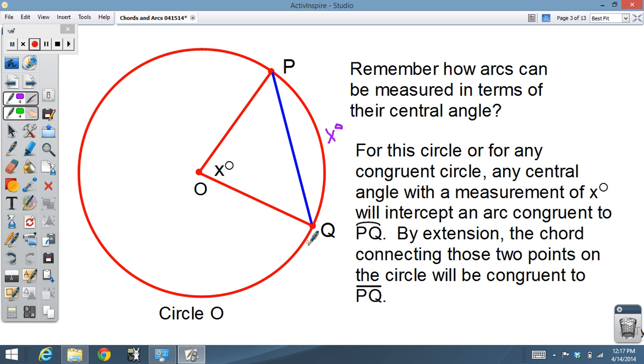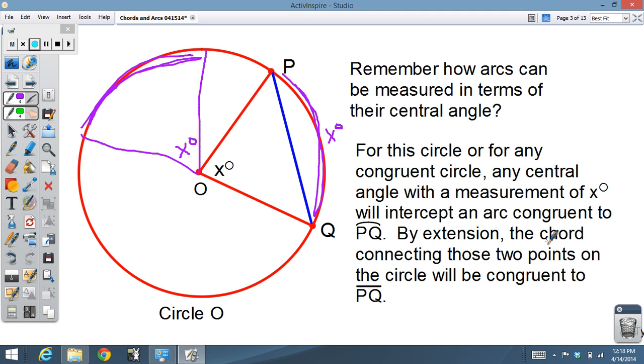Now, know that for this circle, or for any congruent circle just like it, anytime we have a central angle that's x degrees, this arc here also has a measure of x degrees, and therefore must be congruent to arc PQ.